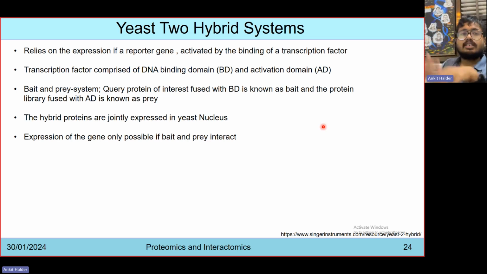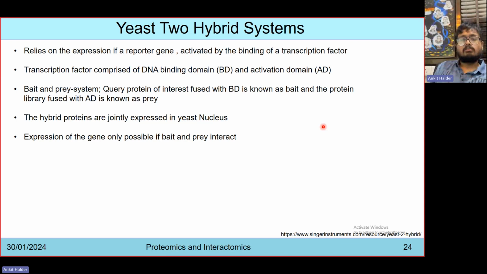So this works as a kind of bait and prey system. The query protein, for example X, is fused with the binding domain, and the protein that you are querying against, to see whether it interacts or not, is fused with the activation domain.